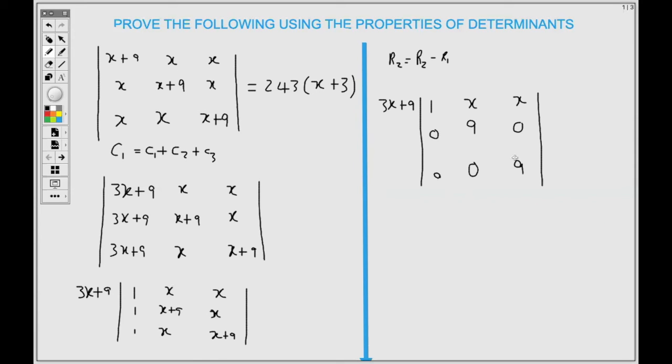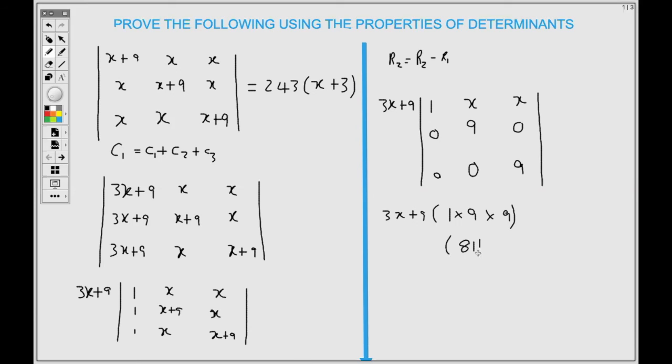Now here we have an upper triangle, so the leading diagonal, when we multiply these numbers, we will get the determinant. So the determinant for this will be 1 times 9 times 9. So 1 times 9 times 9 gives us 81.